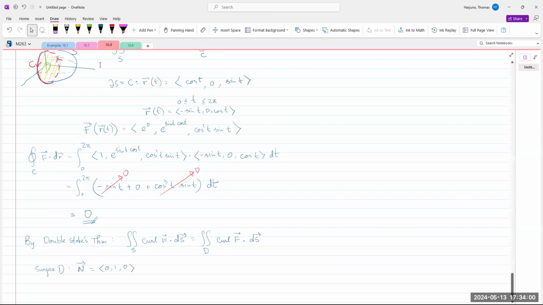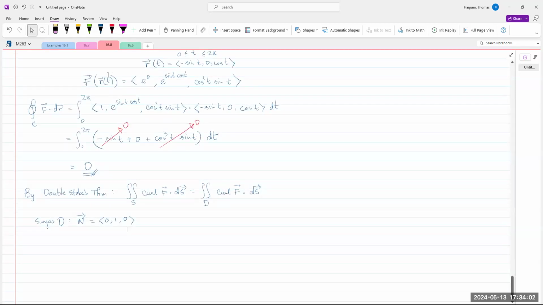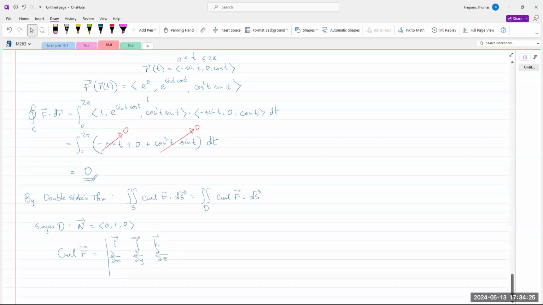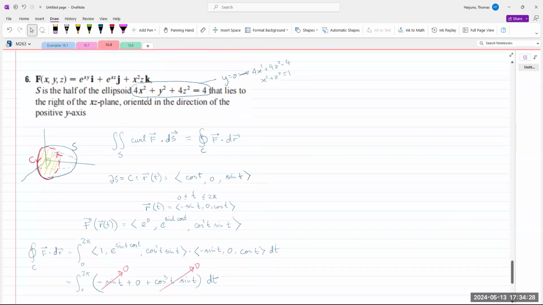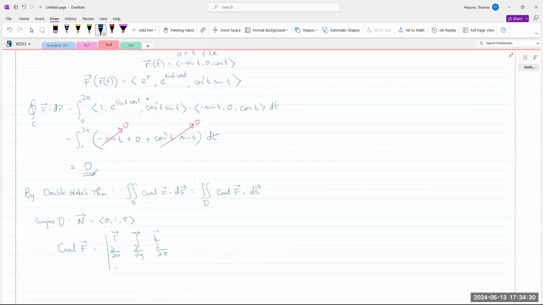So when we take the curl of f for that D, we just need the second component. The curl of f is the determinant of i, j, k; dou x, dou y, dou z; e to the xy, e to the xz, x squared y.